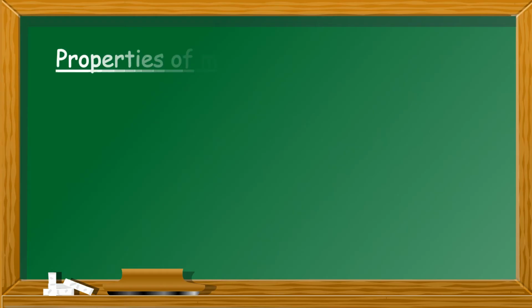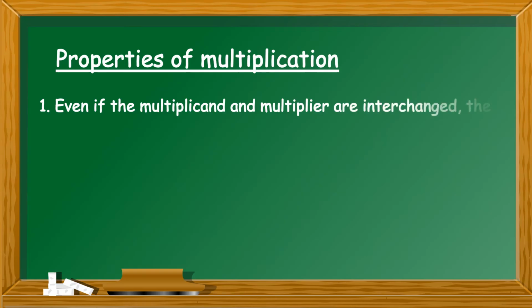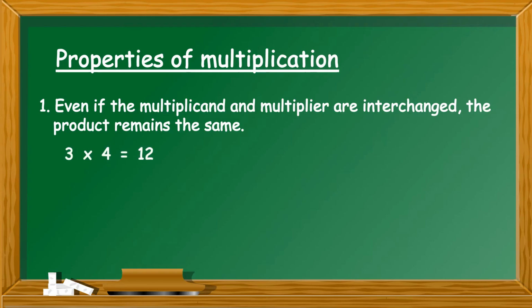Now let us learn the properties of multiplication. Property number 1. Even if the multiplicand and multiplier are interchanged, the product remains the same. For example, 3 fours are 12.